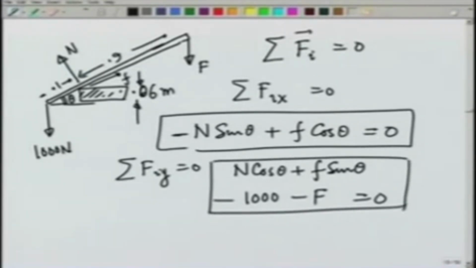How about the torque? For the torque, let us choose a convenient point, because it does not matter which point I choose. Let us choose the support right here as the point about which I will take the torque. Then you can see that this F has a tendency to rotate the rod clockwise, and this has a tendency to rotate counterclockwise, and therefore the two are working in opposite directions. The torque is all going to be, if we take this plane to be the xy plane, in the k or minus k direction, and therefore I can just write the scalar numbers right away.